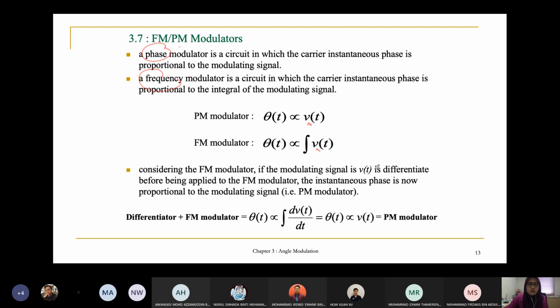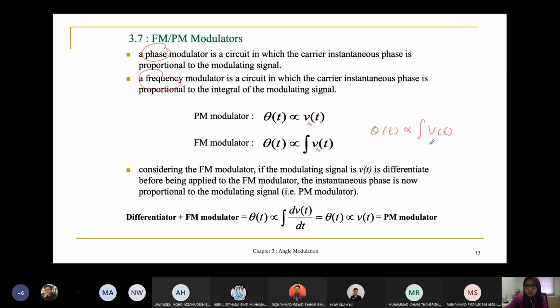So what it means is, if for example you have an FM modulator, theta t is directly proportional to the integral of the modulating signal Vt. But what happens if you differentiate the modulating signal first before it is applied to the FM modulator?